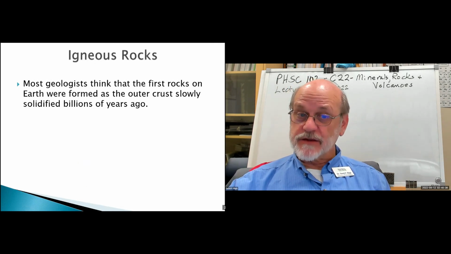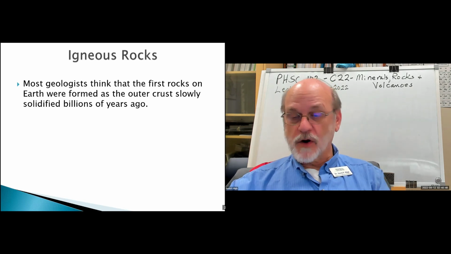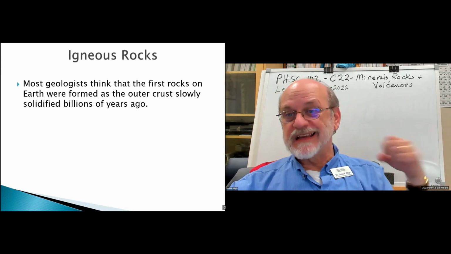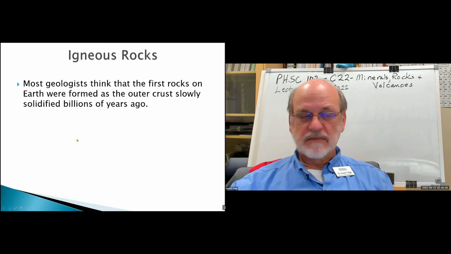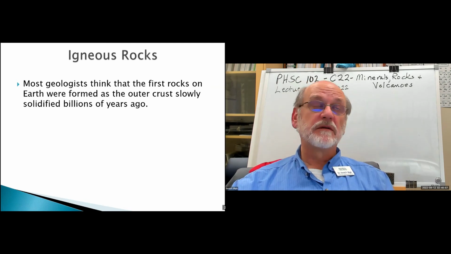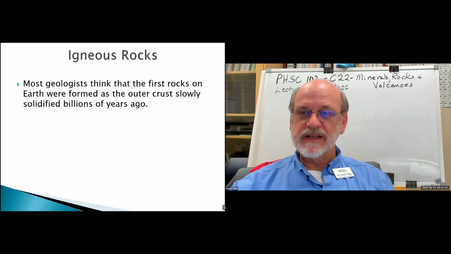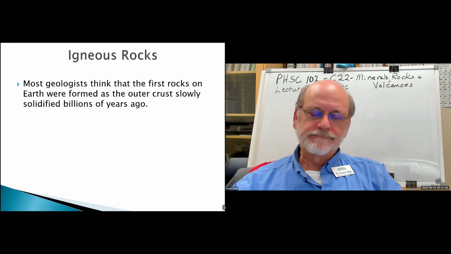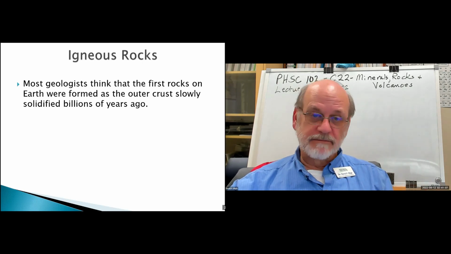Most geologists think that the first rocks on the earth were formed as the outer crust slowly solidified over time. So they believe that in the beginning, the Earth's crust was almost exclusively igneous. And we're talking about, let's see, 4.6 billion years ago was believed when the Earth first formed. Actually, when the planets formed from the solar system.